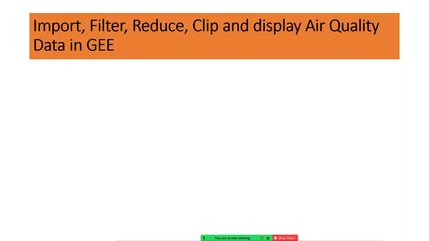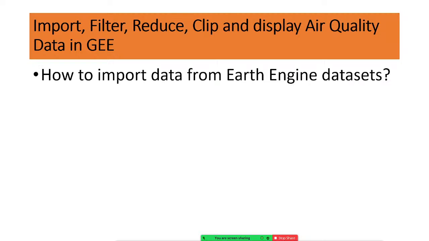How you can import this dataset in your code editor, filter it, reduce it and clip it, and finally display this result in your interactive map view. First, how to import the air quality data from the Earth Engine dataset. Here I will use the Sentinel-5 dataset. Then how to filter this data. Filtering can use different types of factors.